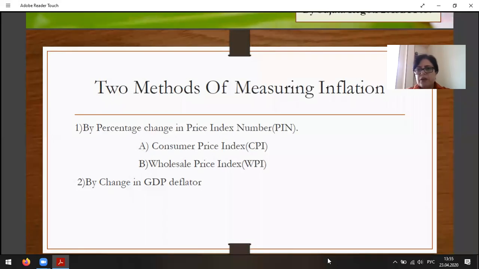Okay, so that's everything for today concerning the measuring of inflation, but I would like to continue the lesson in terms of types of inflation. I would like to develop this approach because originally we discussed several types of inflation in terms of inflation rate, so in terms of percentages.